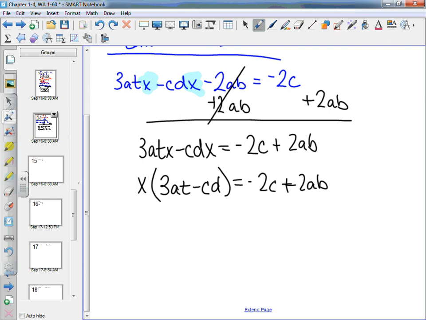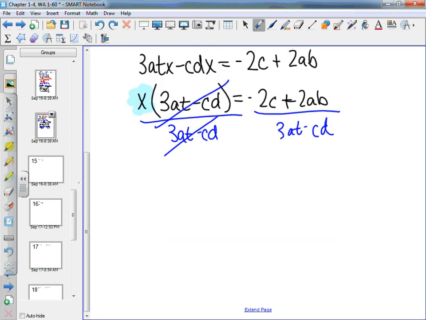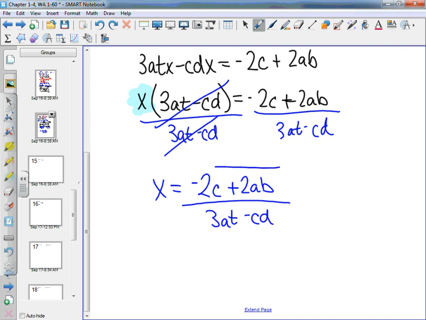And then I divide by what is attached to it, because I need to find x all by itself. So I'm going to divide both sides by that jump. And I have x is equal to negative 2C plus AB all over 3AT minus CD.